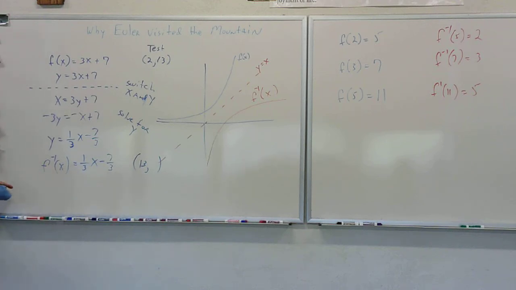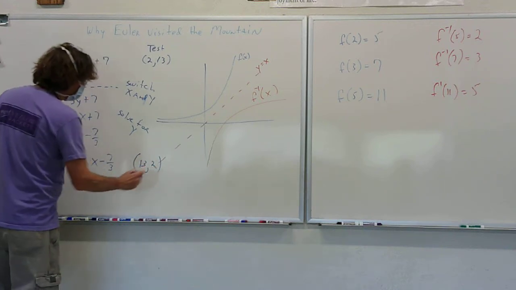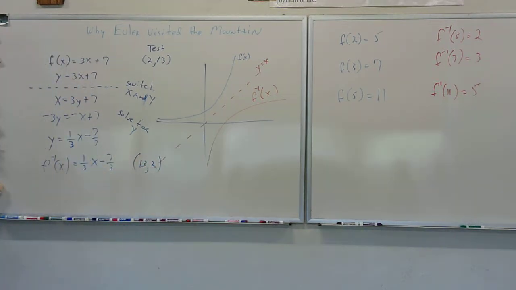Travis, that you, I don't think it will. Yeah, it does. So that's going to be what? 13/3 minus 7/3, which is what? 6/3. And 6/3 is what? 2. And there you go. And that's how you find an inverse function. Okay?